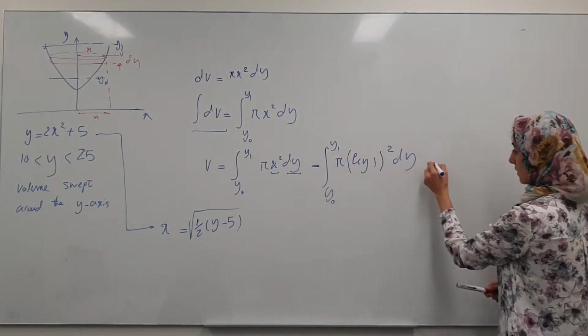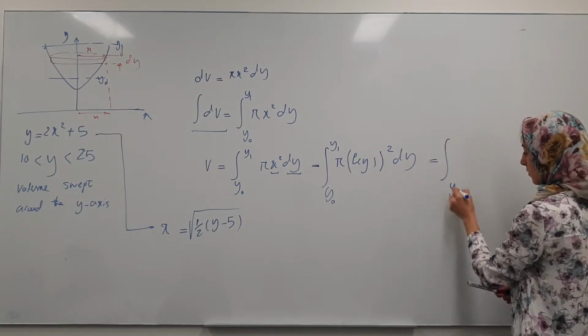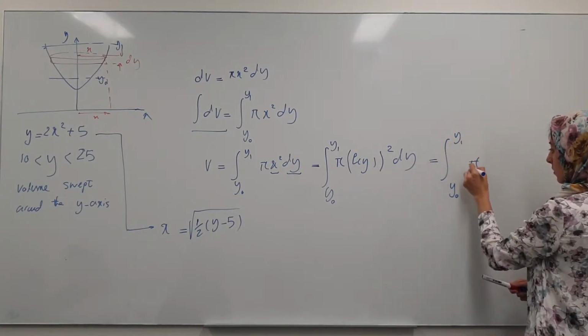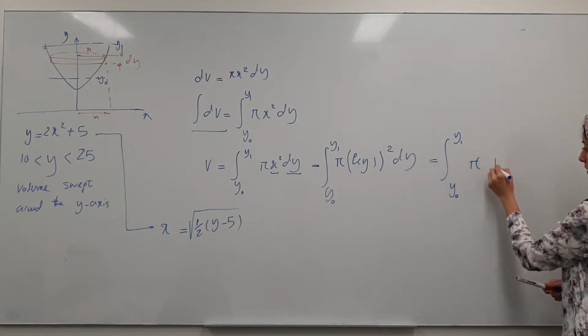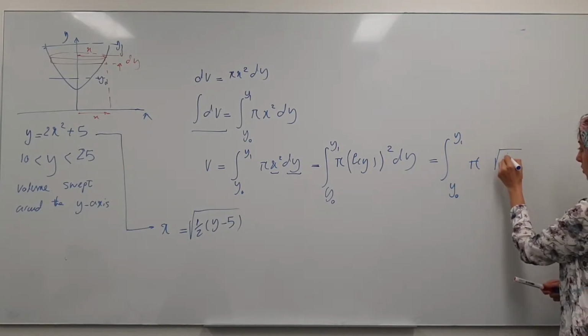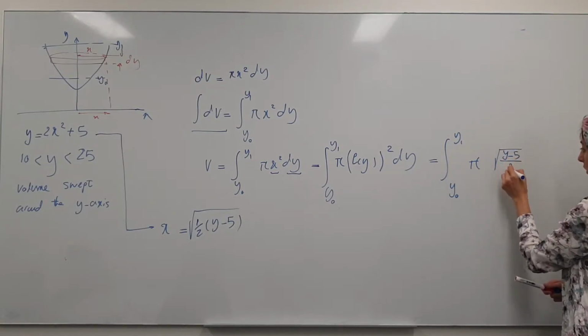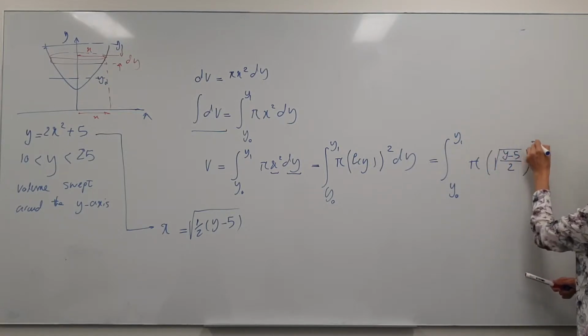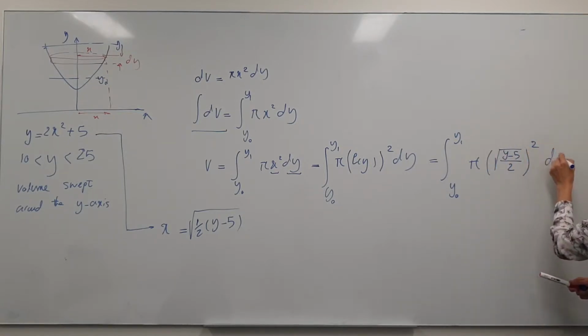If I just replace it here, square root of y minus 5 divided by 2, power 2, dy. So everything is y now.